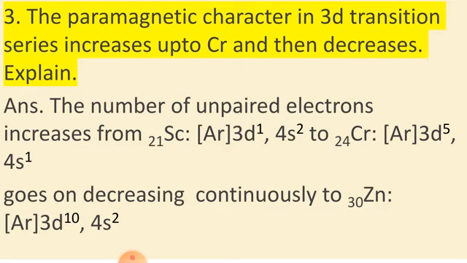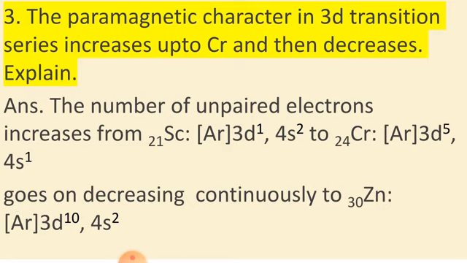So that's why the paramagnetic character of chromium is highest in the 3d series. Then it goes on decreasing continuously to Zn, atomic number 30, having the electronic configuration [Ar] 3d10 4s2. Here d10 means all electrons are paired. That's why zinc is diamagnetic, not paramagnetic.